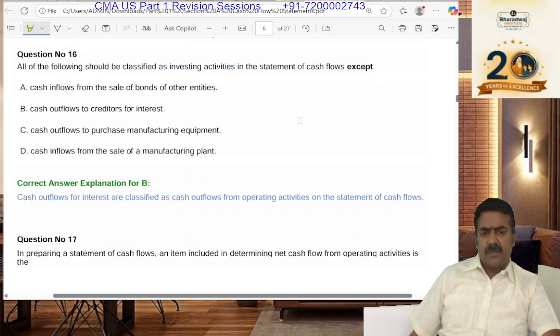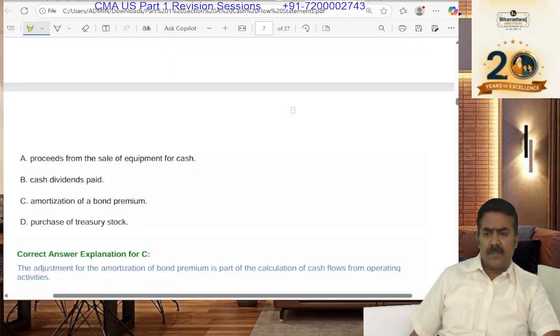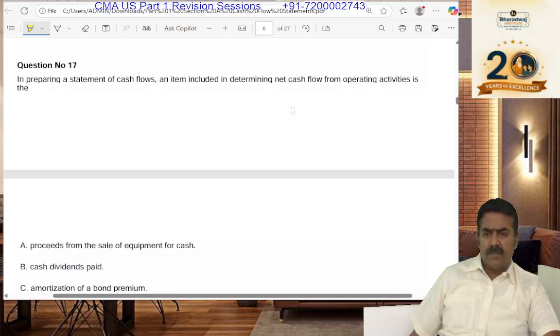Question number 16. Investing activities except interest. Interest is not an investing activity. Number 17. In preparing the statement of cash flows, which items are to be included in net cash flow from operating activity?